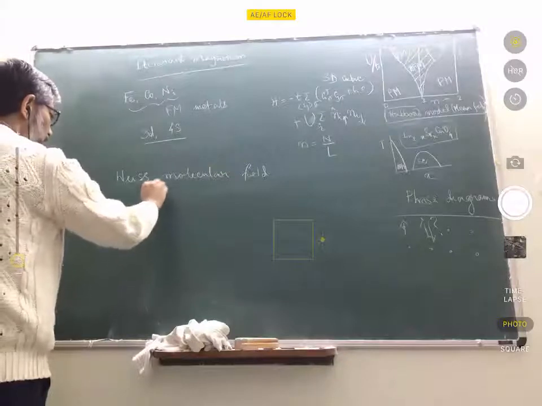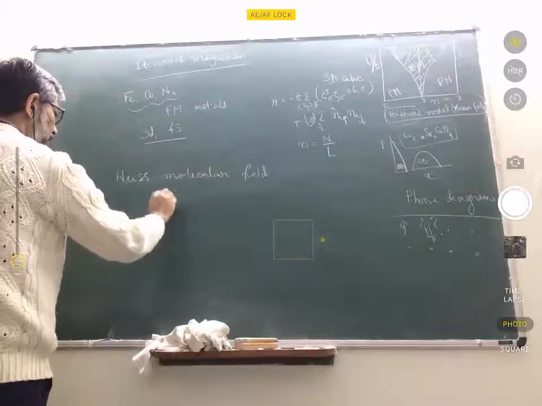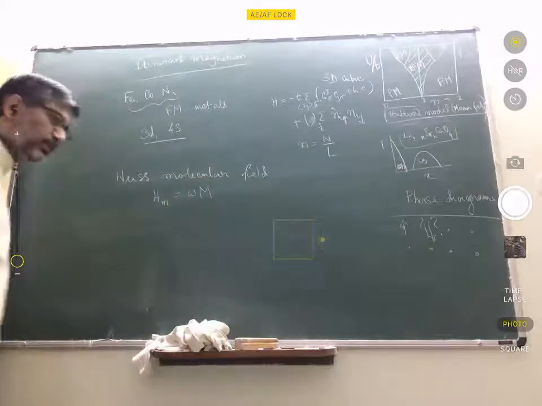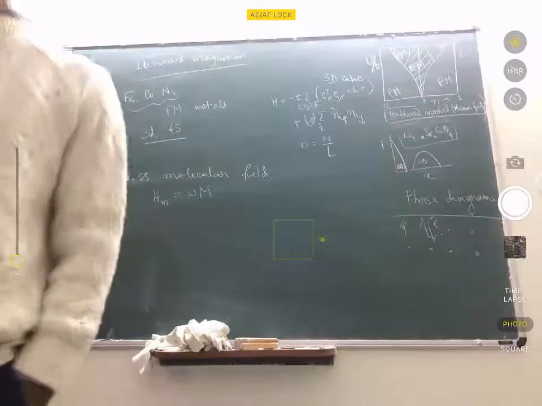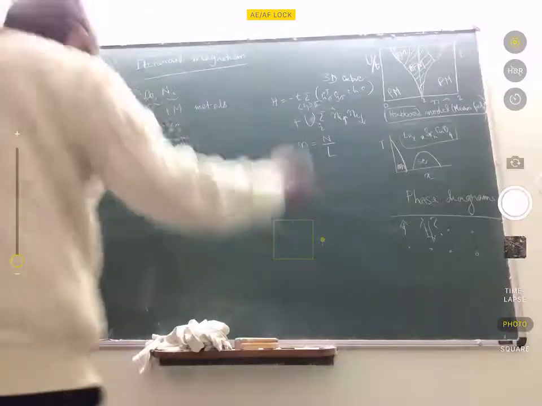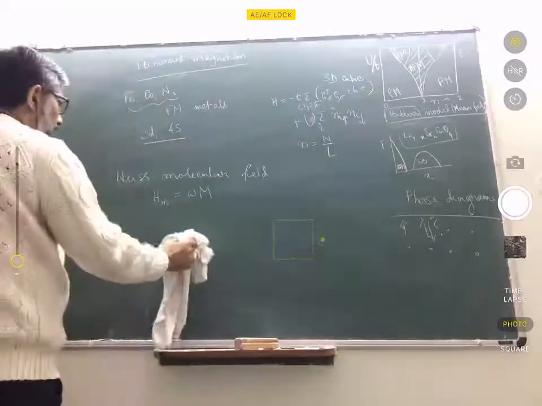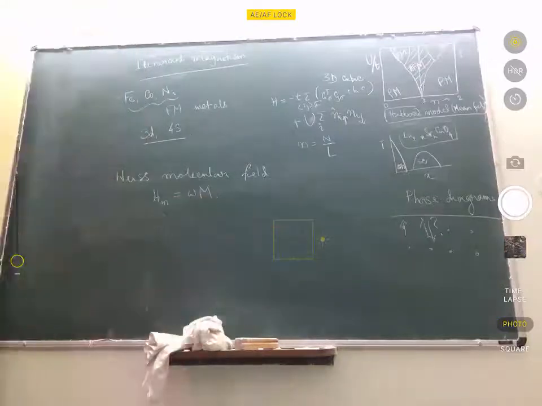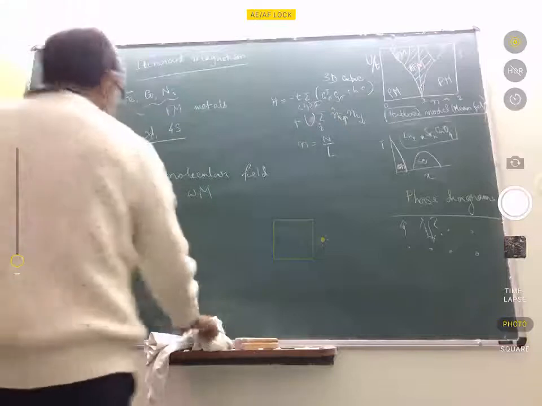What we said is that each moment experiences a molecular field which is proportional to the magnetization of the system. So each moment is experiencing the same field, which is proportional to some kind of average of the moment due to all other moments. That's an example of a mean field treatment. It's a mean field that each of these moments experiences.